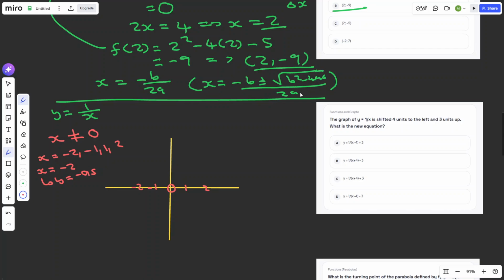So now if we check here, for x equal to -2, y is equal to -0.5. So it's going to be somewhere there. Next point, x is equal to -1, right? So y is equal to -1 as well. So at -1, y is also -1. So it's somewhere there.